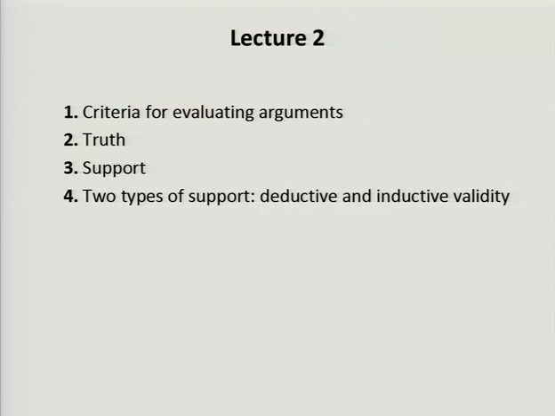So we'll find that throughout the semester, much of our attention will be focused not so much on the truth of premises or of a conclusion, not because that's not what we're interested in, but just because that can be a bit trickier to determine just by looking at the argument. So we'll be looking in more detail at how a conclusion would be supported if the premises were true.